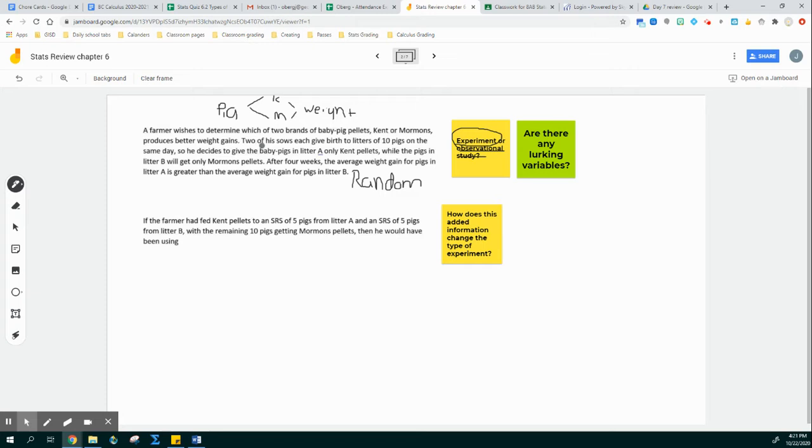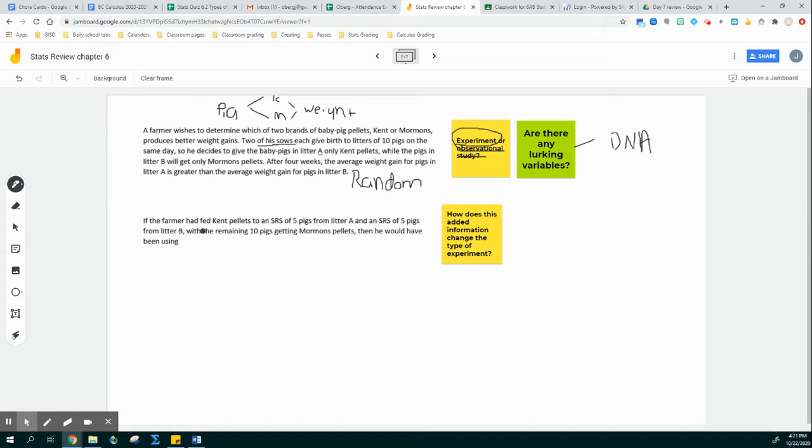Well, we've got two different sows, two different mama pigs. Could the genetics be changing how they gain weight? Maybe one pig is more genetically disposed to gaining weight. So the genetics, the DNA, not e, that's from calculus, the DNA of the pigs could be lurking in the background and causing them to gain more weight than other pigs.